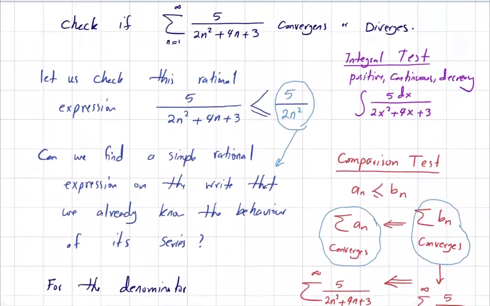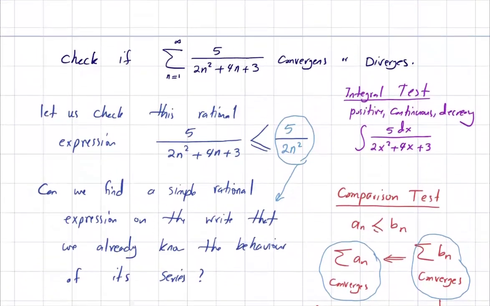So let us recap what we did. I'm going to check to see if this series is a convergent series or not. The very first thing that we learned in this class is the integral test. To check the integral test, you need to check if it's positive, continuous, decreasing, then start taking the integral.